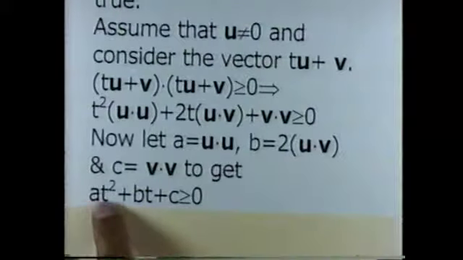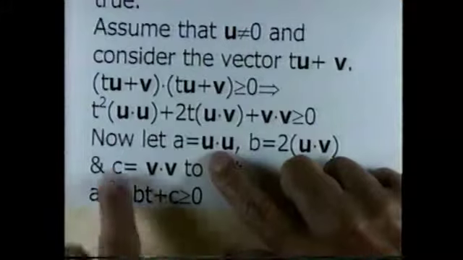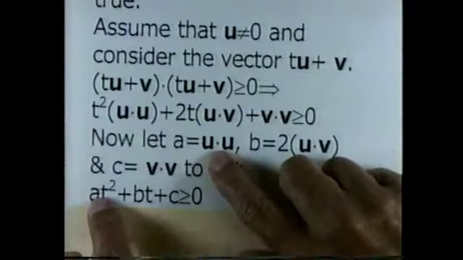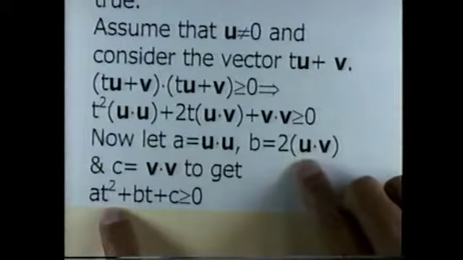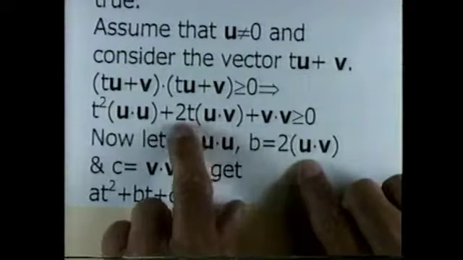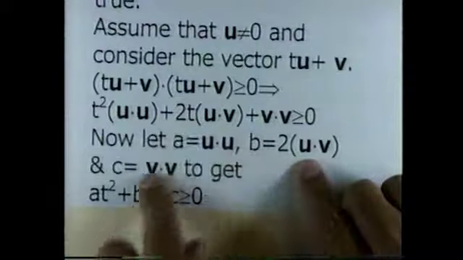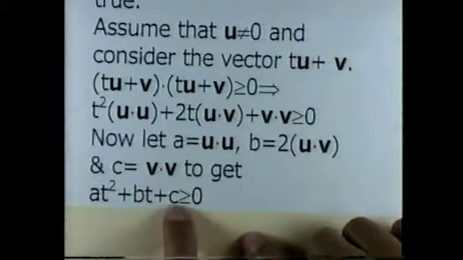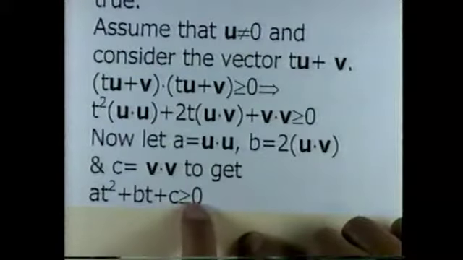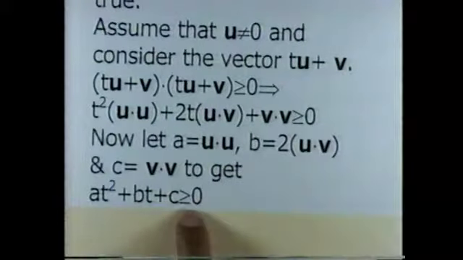We'll get a t squared, since u dot u is a, plus b t, since 2 u dot v is b, plus c, since v dot v is c, is greater than or equal to 0. I'm just making that substitution.